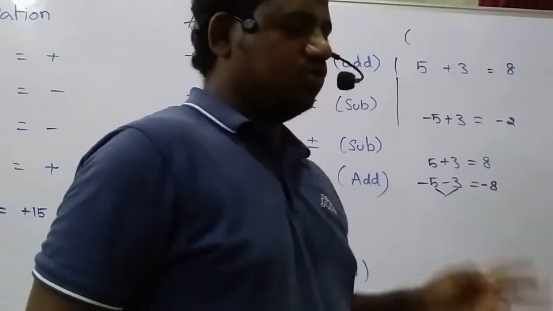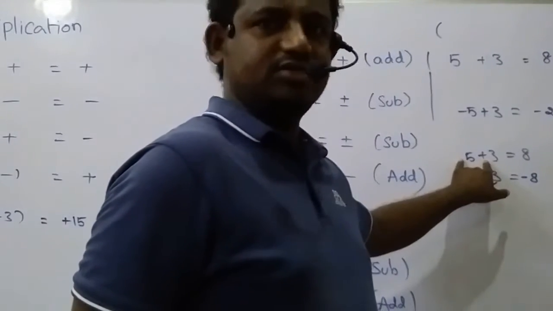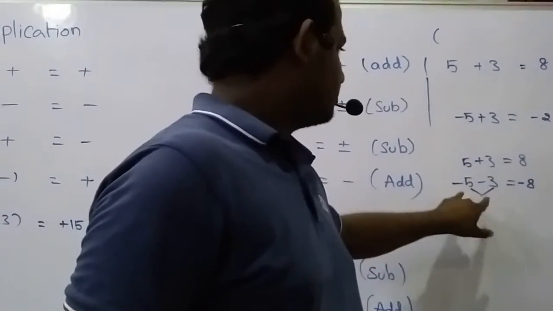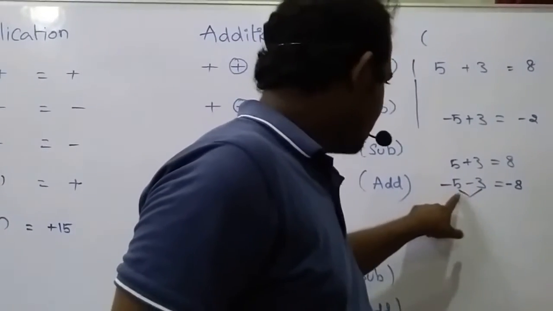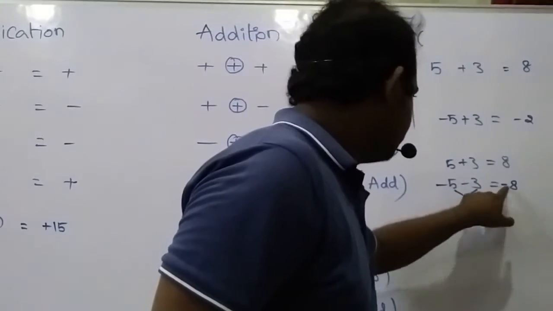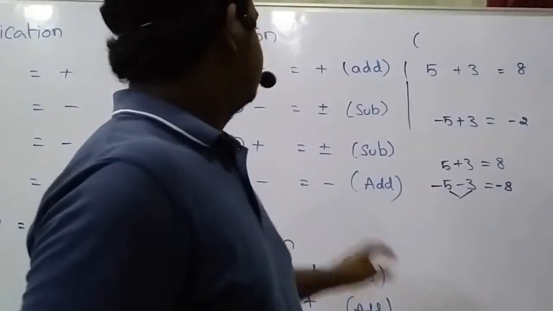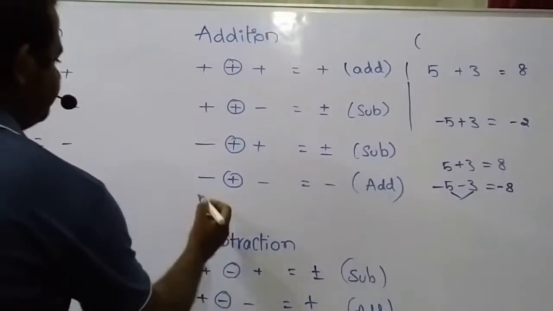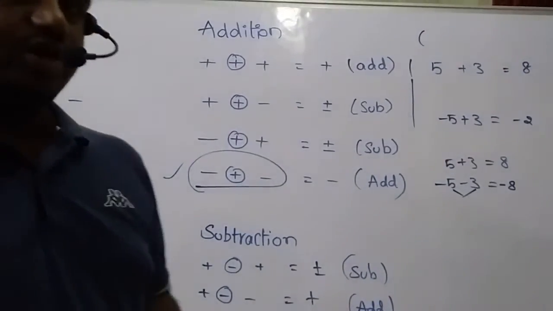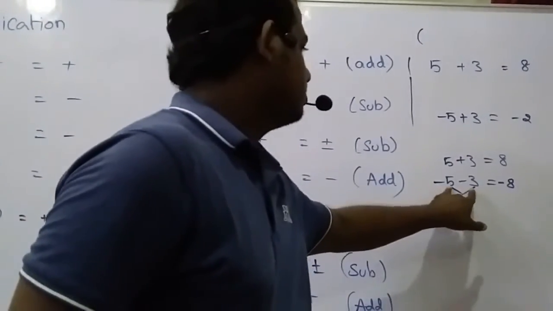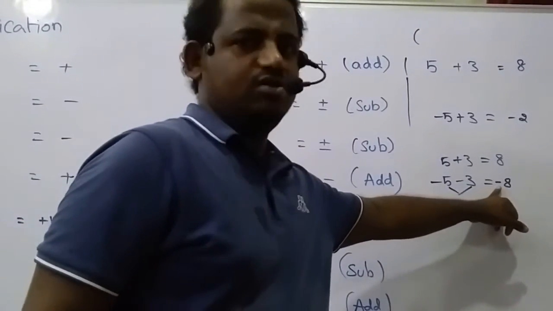If two numbers have the same sign, either both plus, we will add the numbers. If both numbers have the same sign, that is negative, then we will add the two numbers and put the minus sign before the addition result. This step is very important. In case two negative numbers are involved, first add the two numbers and put the minus directly before that addition result.